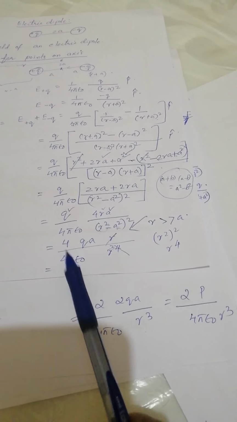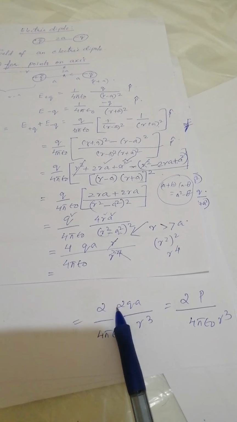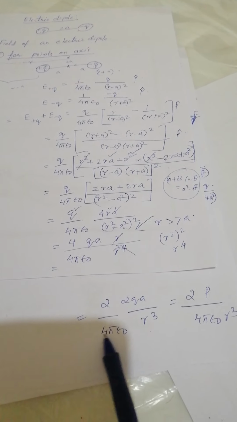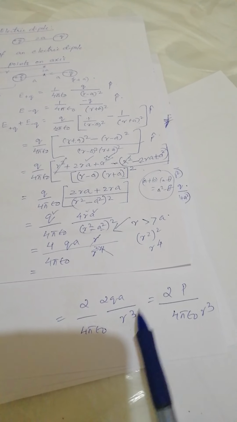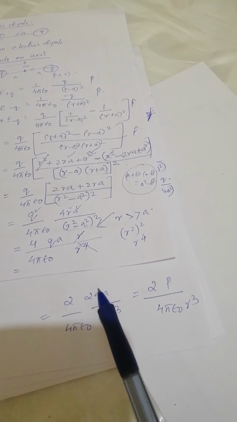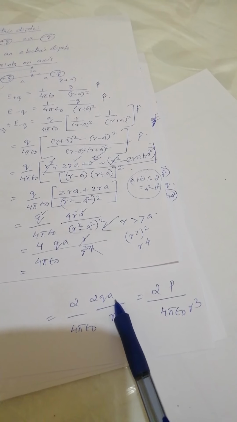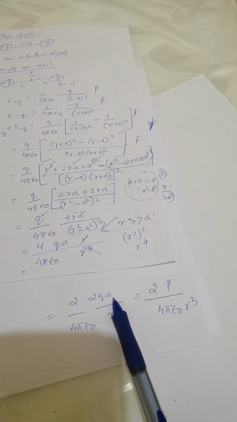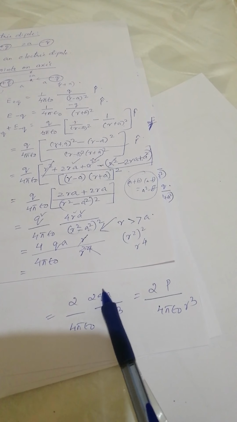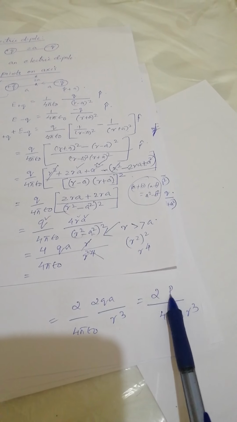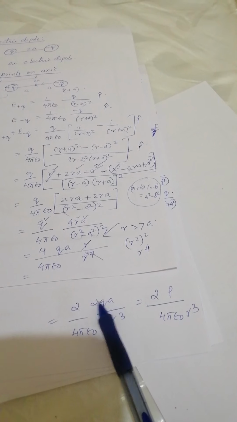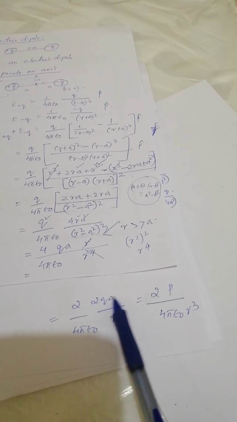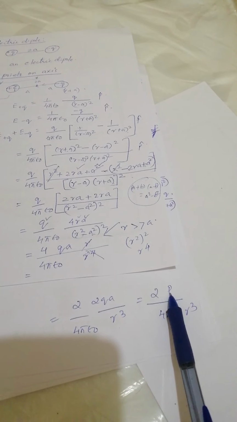So now the equation becomes 2 into 2qa divided by 4 pi epsilon 0 r cube. We already know that 2qa is charge into distance, where 2a is the distance of the dipole, so it is the dipole moment p. So instead of 2qa we can write p.